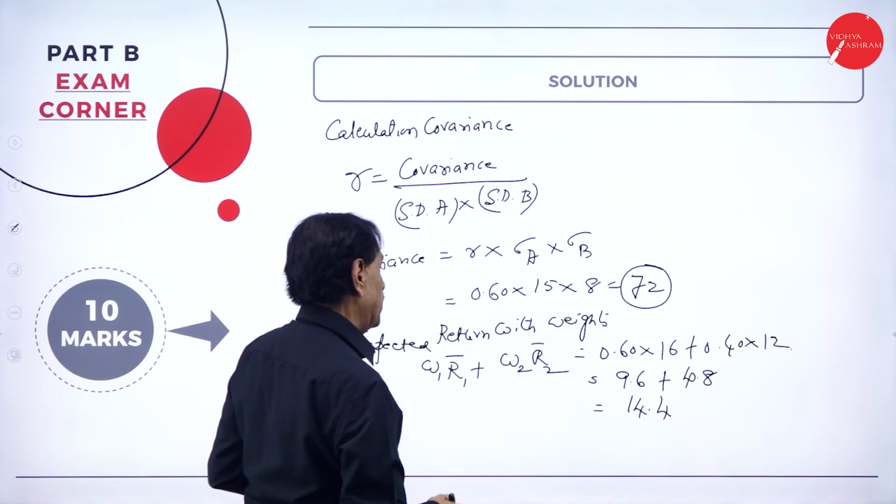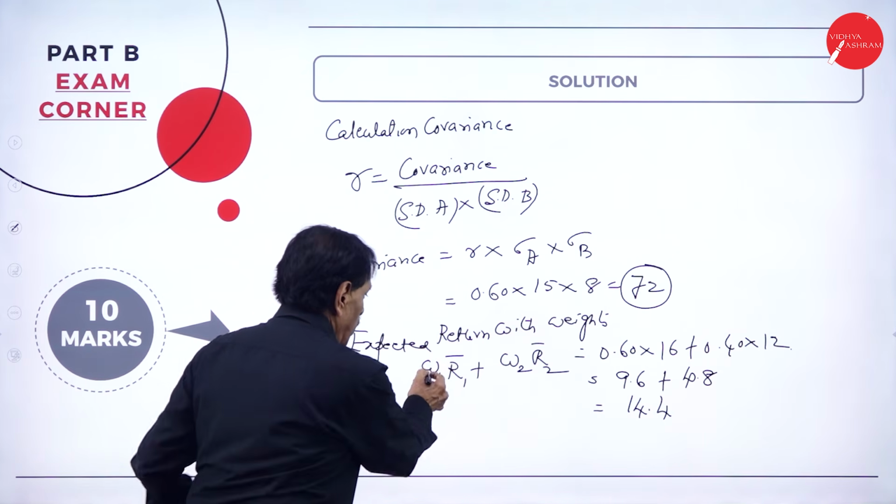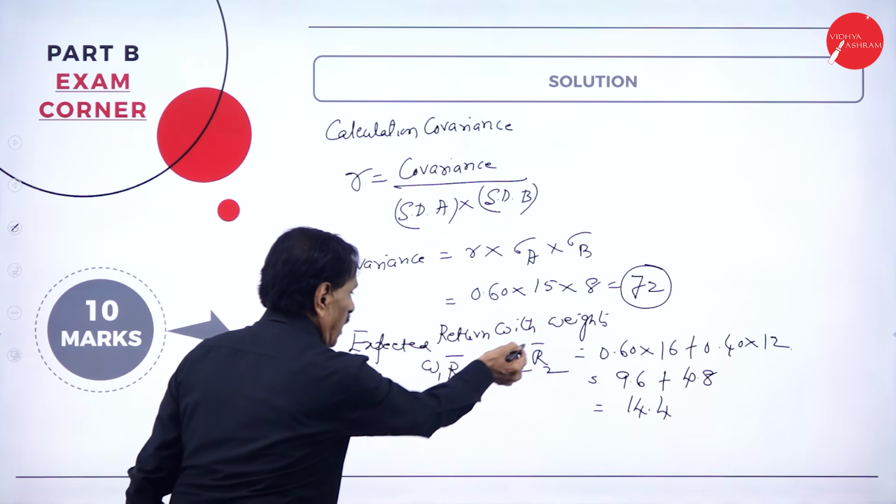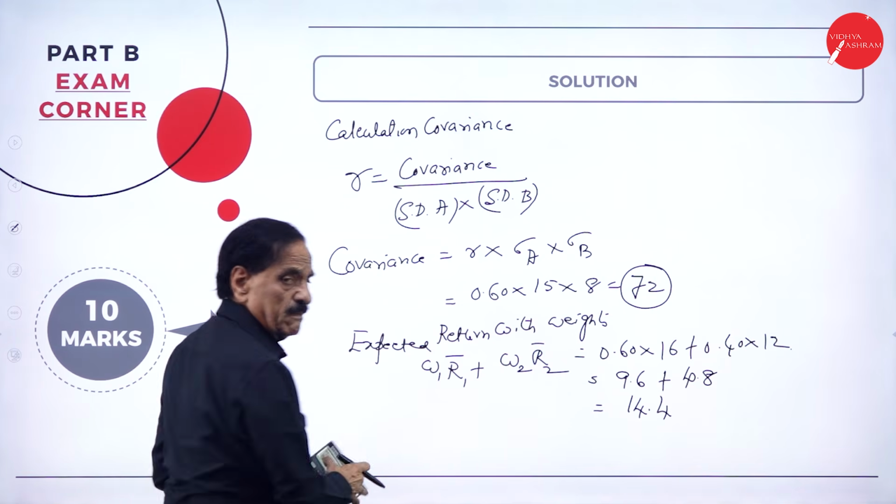This is your expected return with weights. W1 or mean 1, W2, W is the weight, this is the mean.